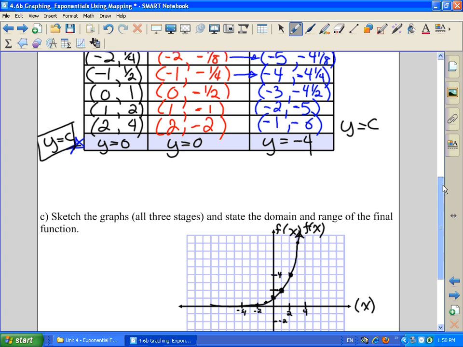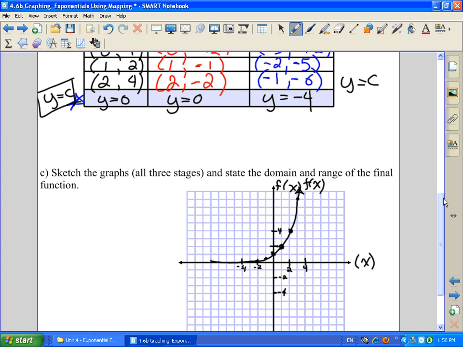I'm going to start at 1 and negative 1. And then I'm going to take a look at 2 and negative 2. And I also know that I have 0 and -1/2. And I know that I've got -1 and -1/4.